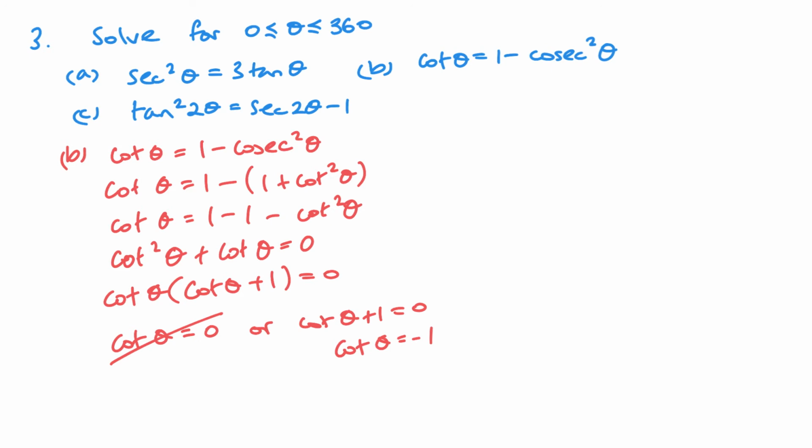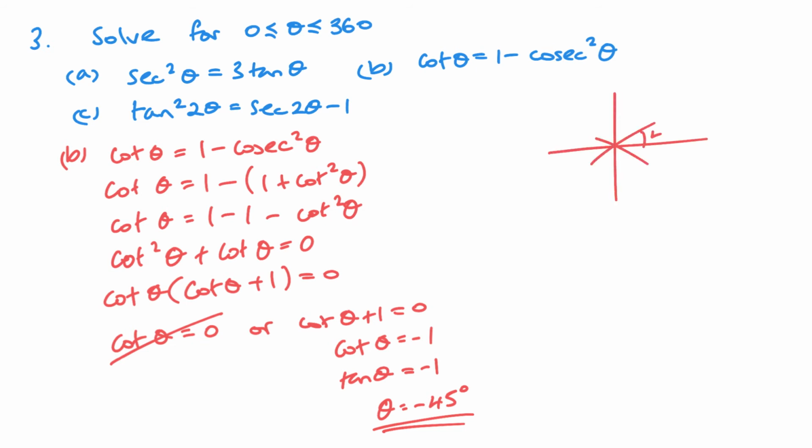If you made it tan, it'd be 1 over 0, which obviously doesn't exist. And then this one, tan theta, will be 1 over -1, so it stays as -1. So if I use my calculator, it will give me -45 degrees there, which obviously isn't in the range. Personally, I'd always use the positive value, which is 45 degrees, as this gives me this angle here and enables me to use cast quickly and efficiently.